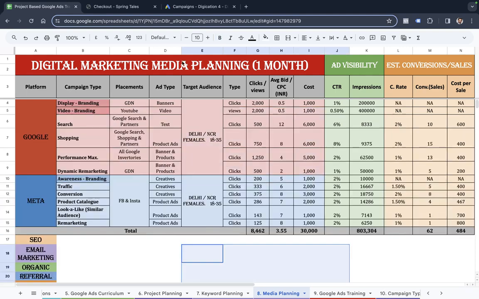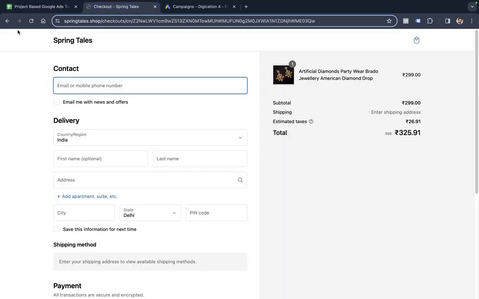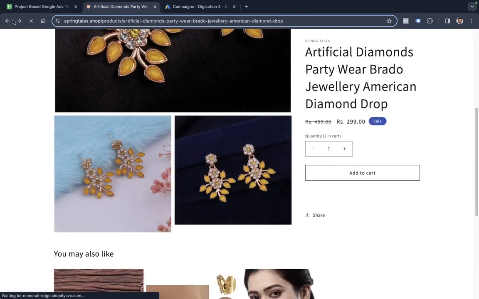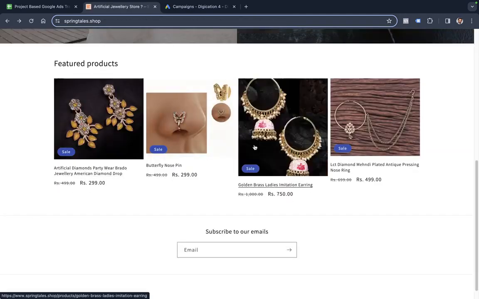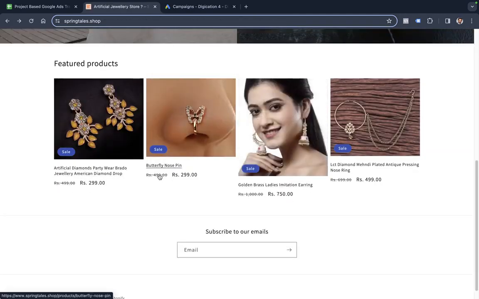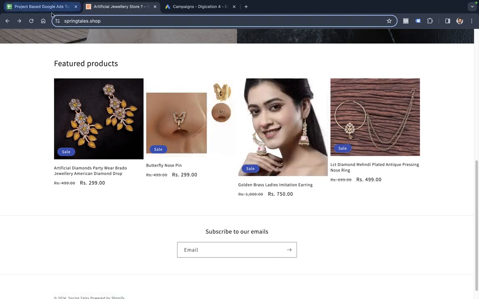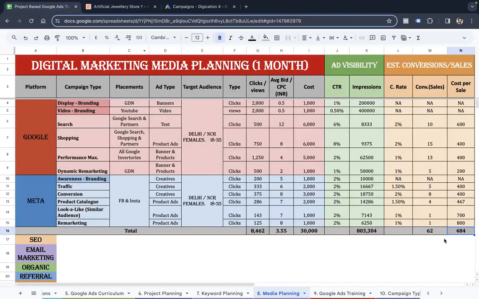And you must be thinking, how can you generate a sale at this high cost? Because if you go to the website, you'll find that the average order value was not even 400 rupees. It was only around 300 to 400 rupees. And we are saying we'll be generating a sale at a cost higher than the product cost, which means it's a complete loss for the project. And your client can say, what are you doing?